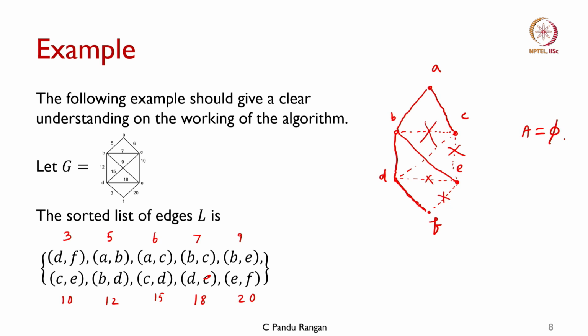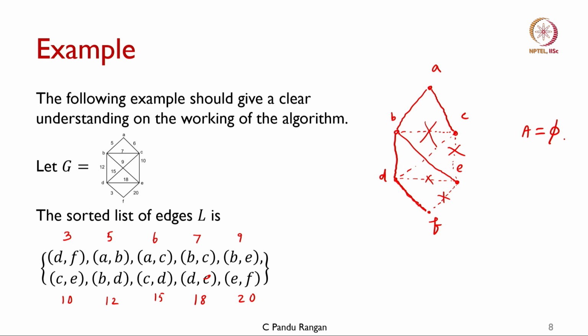So each edge is considered, and if it is possible for us to include, we will include it. If it forms a cycle, it should not be included and it is rejected. In this way the entire list is processed. At the end of processing L, you have certain edges considered, certain edges ignored.